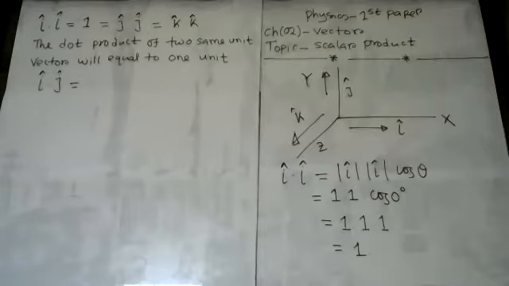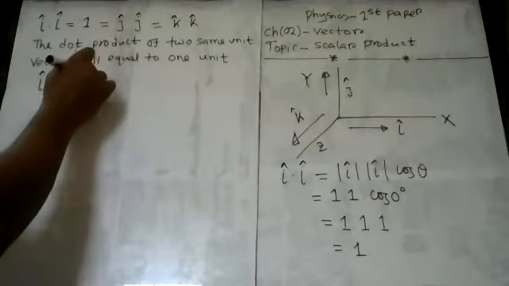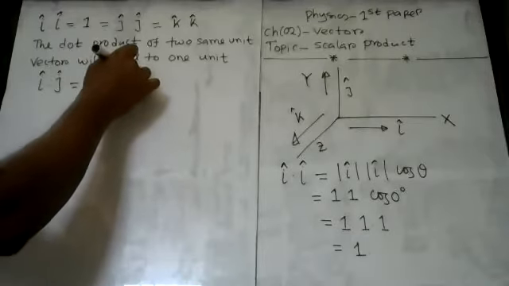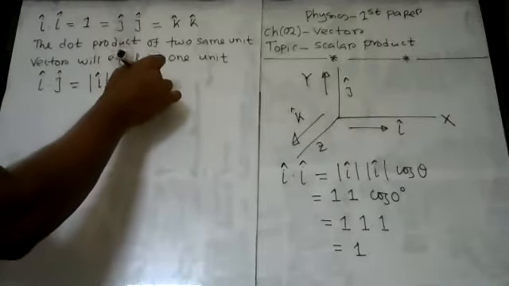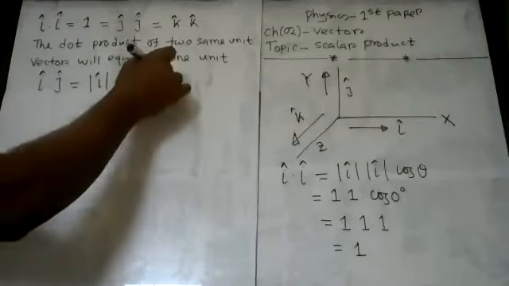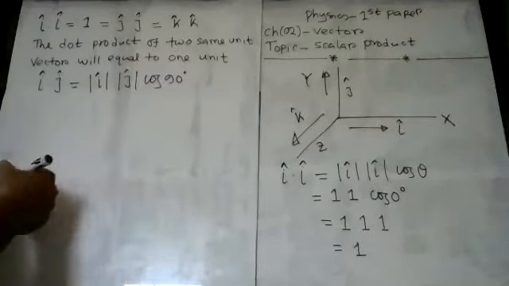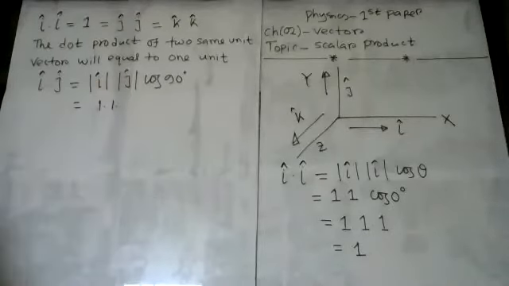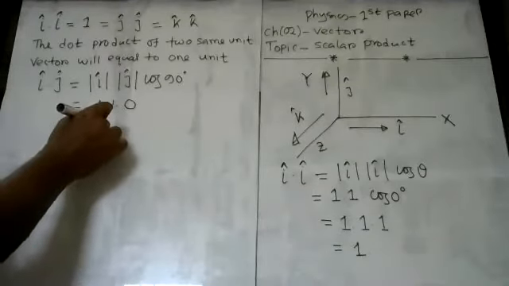So we can say that the magnitude of i hat and the magnitude of j hat multiplied by cos theta, with theta equal to 90 degrees. So i hat equals 1, j hat equals 1, and cos 90 will equal 0.